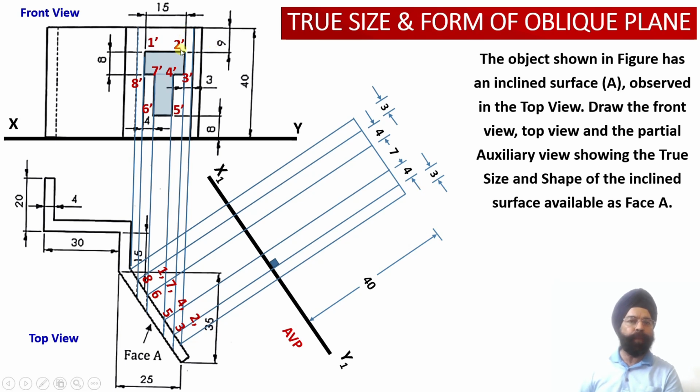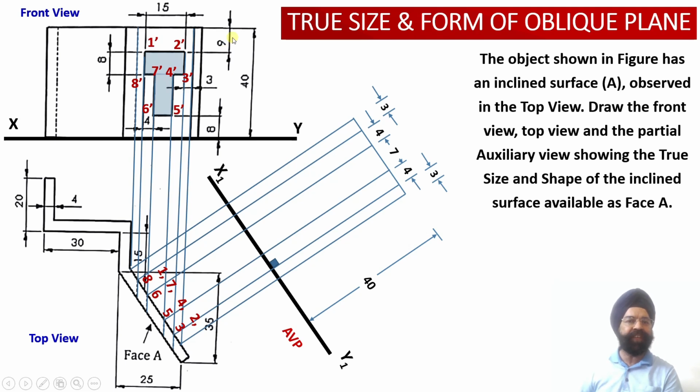Now I need to mark this distance, because usually we mark the distance of points 1 dash and 2 dash from the XY reference plane. Since the total height of the solid is given, this distance is equal to 9 millimeter. So we can have two versions here.